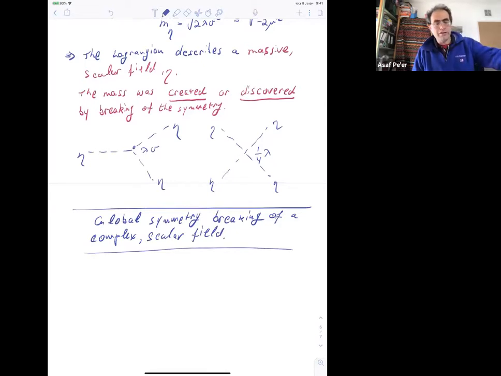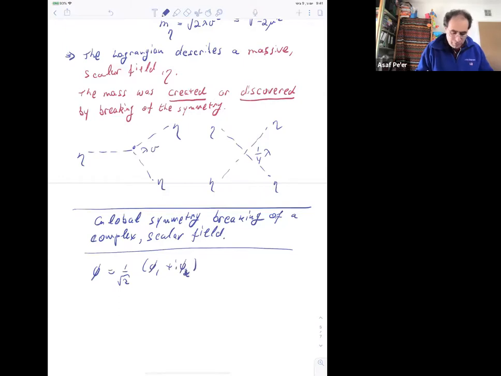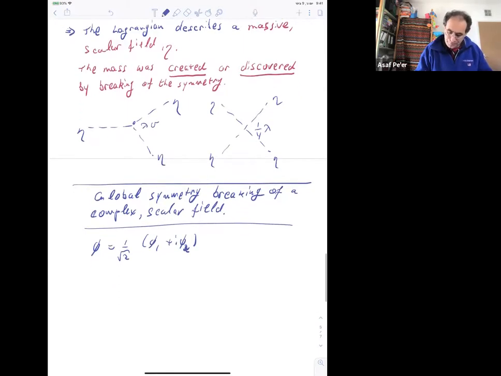So in the previous example, we spoke about the real scalar field. So now let's talk about a complex scalar field. So let's write down phi as 1 over square root of 2, phi 1 plus i phi 2. So we have now two real scalar fields, and phi is a complex field.